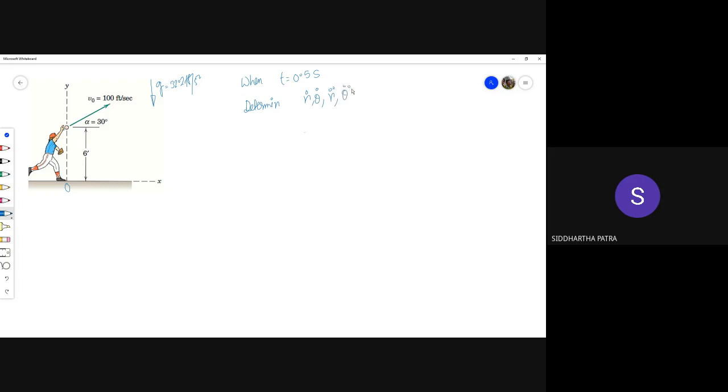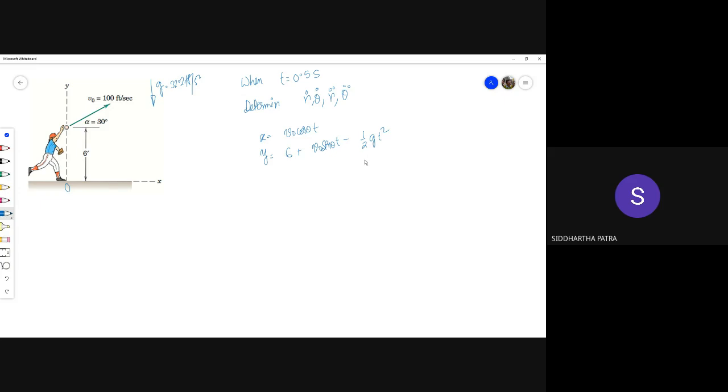Now, how would you do that? So x is v0 cos theta times t, and y is 6 plus v0 sine theta times t minus half g t squared, right?